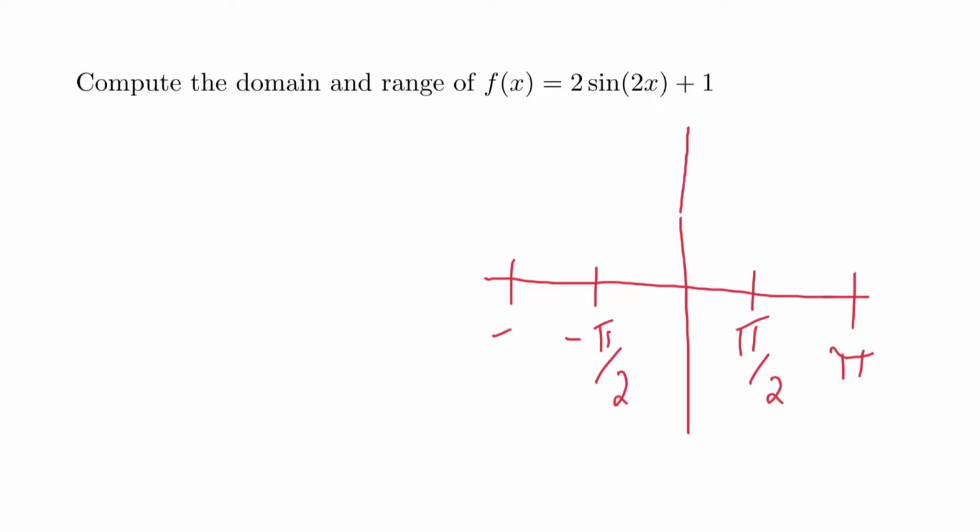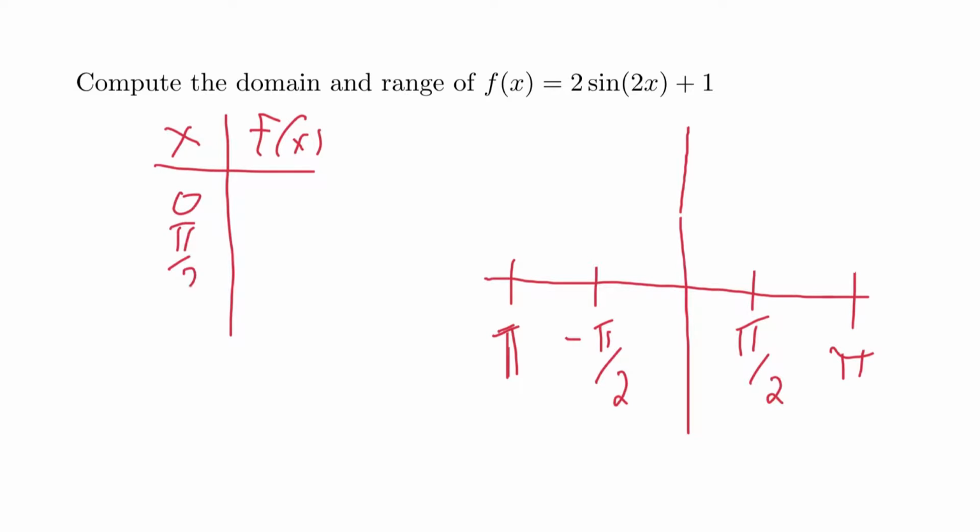I'm just setting up my axes, which is a good habit for you to get into. Let's make a table. So what happens when I plug in 0 here? Well, sine of 2 times 0 is 0. So 2 times that is 0. So I just get the plus 1 there.